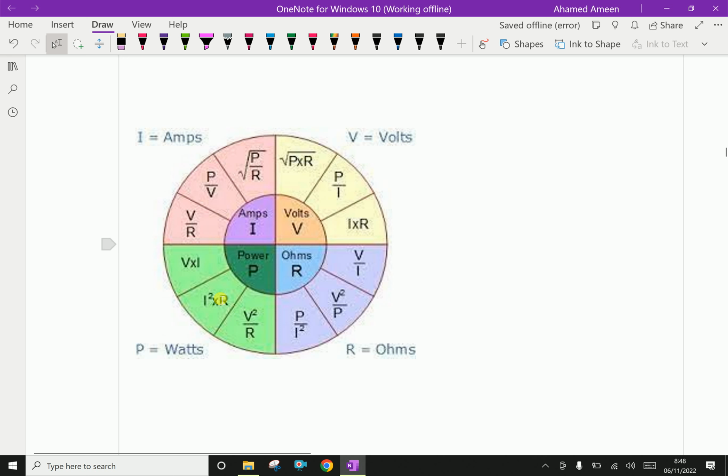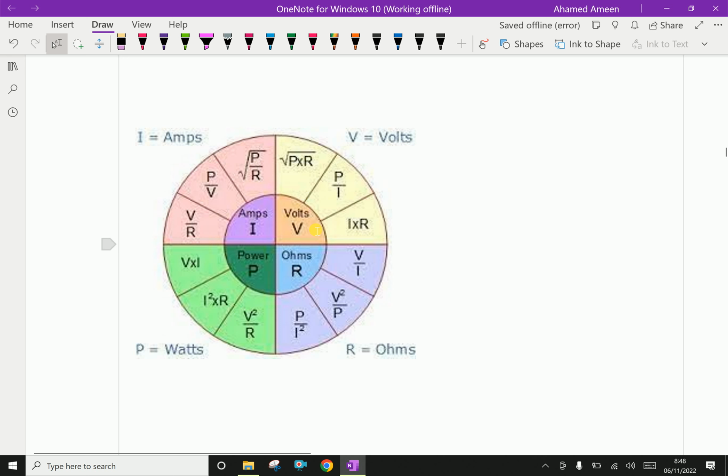Look here, P equal to I squared into R. If you divide by I squared, we can get R. Like V squared over P, V over I for the resistance formula. Suppose the voltage formula is IR or P over I or square root of P into R. Then I is P over V, square root of P over R, or V over R.